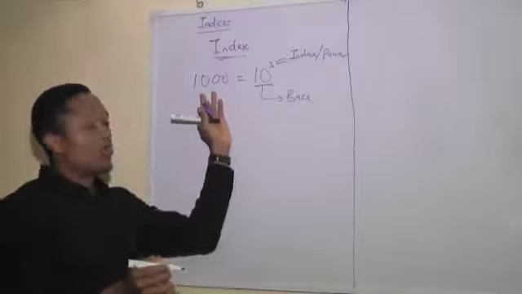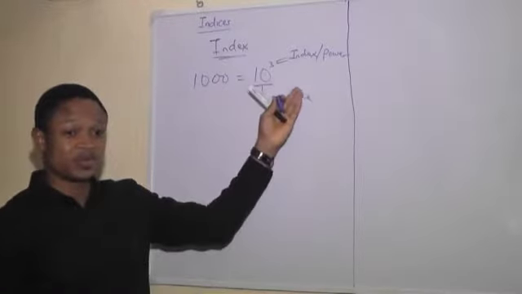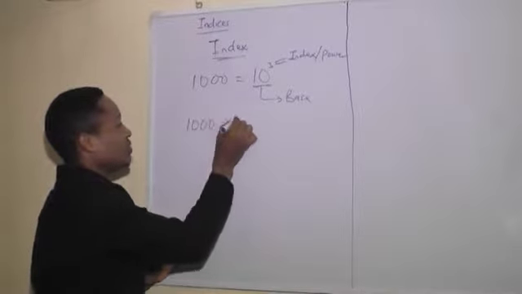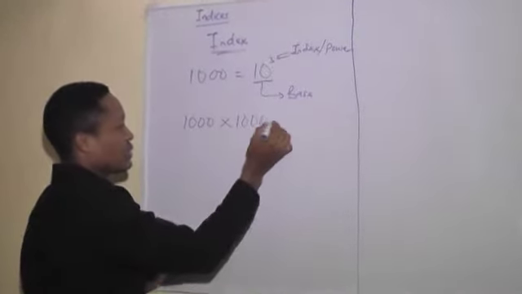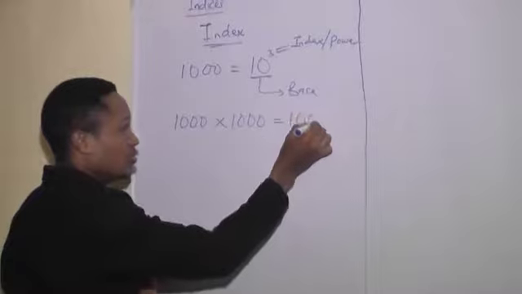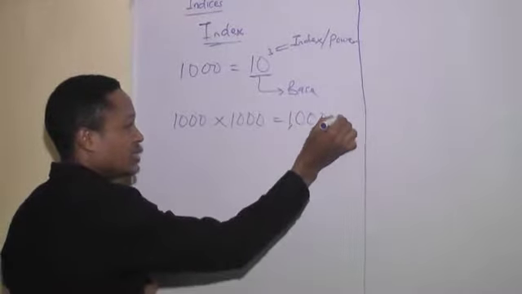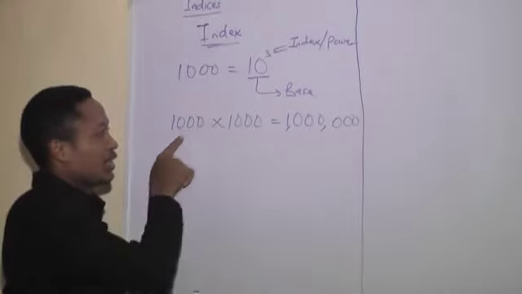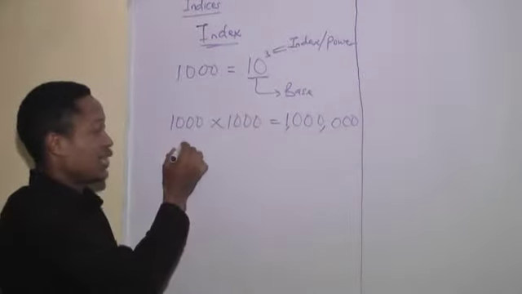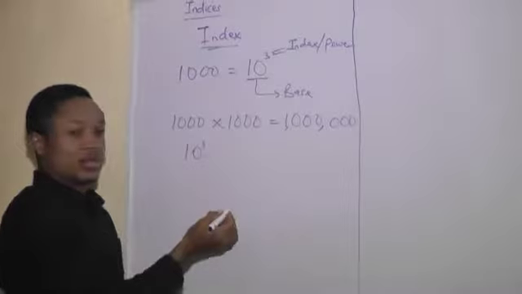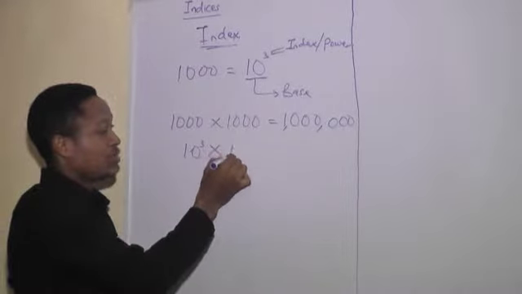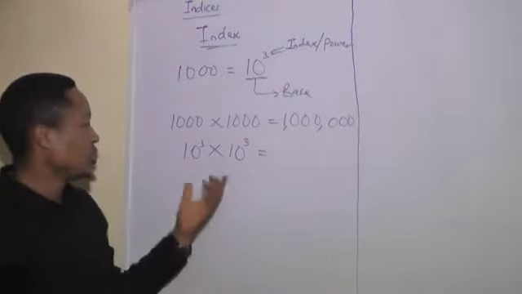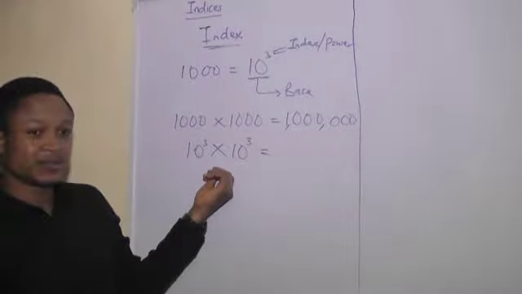Now, this number 1000, which is a large number, is written in this form. Now let's say you want to multiply 1000 times 1000, of course we're going to have 1 million, that's 6 zeros. Now this number 1000, which could be written as 10 to the power of 3, multiplied by another 1000, which is written as 10 to the power of 3 in indices, we're going to learn how to solve problems like this.